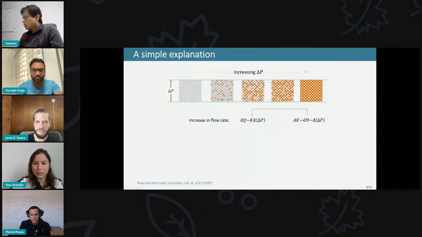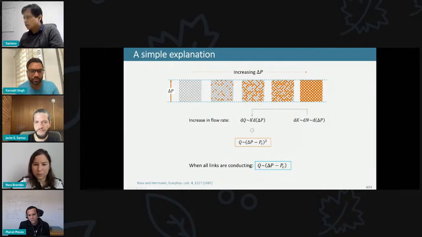And so this Q becomes quadratic because there are two dependences on the pressure drop here. And when all the links are open, this K becomes constant, and we get back to this linear relationship. So this was okay to understand how it works in a simple way.